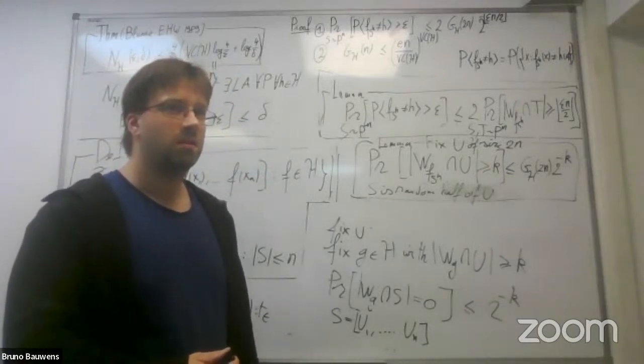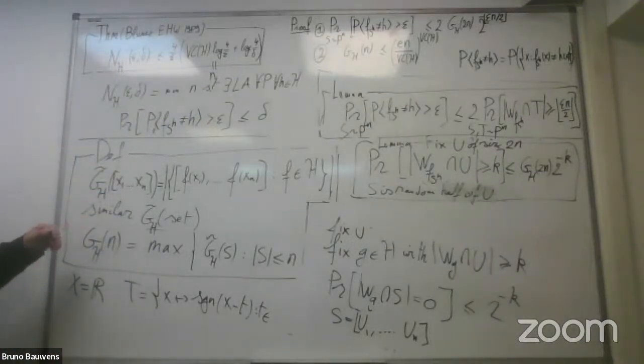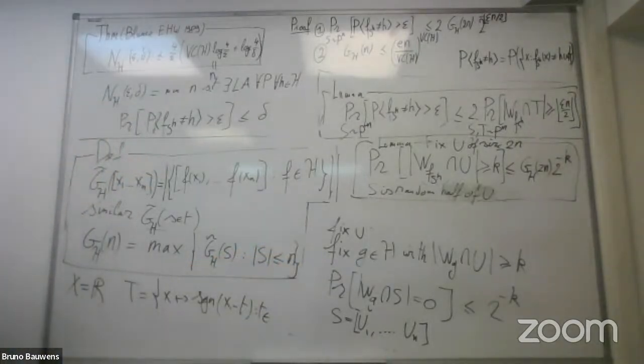I have a question about the definition because I skipped the first part. It's about the growth function. When the set size is equal to, wait a minute, when it's equal to what should be n, so that the growth function of n is equal to the size of H?